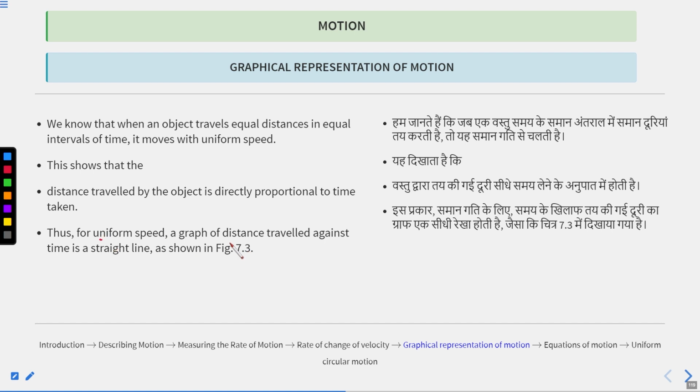For uniform speed, the graph of distance traveled against time will be a straight line. So remember, whenever you see a distance-time graph, its slope will always give you information about speed or velocity. And if the graph is a straight line, it means it has uniform speed.